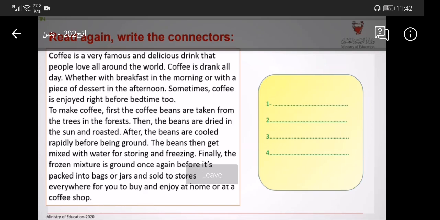And this is an example of writing a process paragraph. Again, please pay attention to using the proper connectors and using the correct tense of passive form.